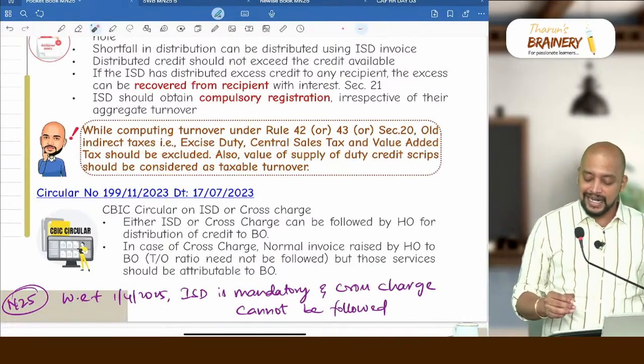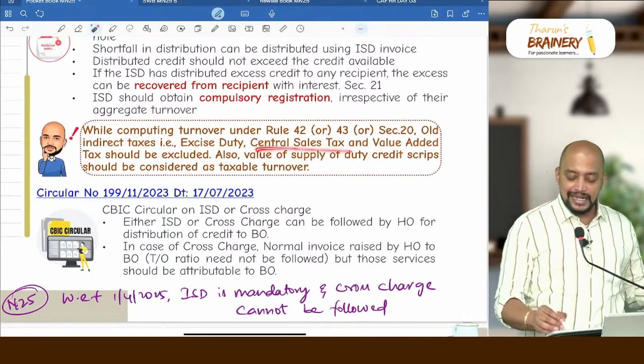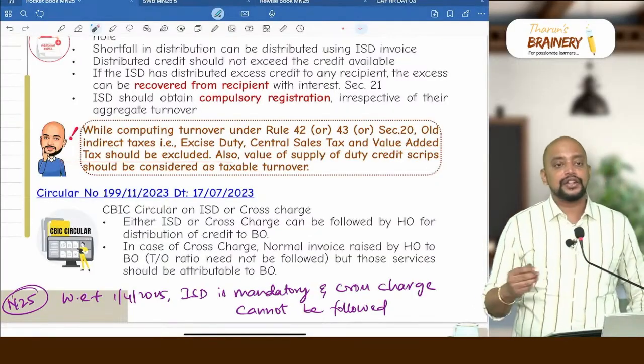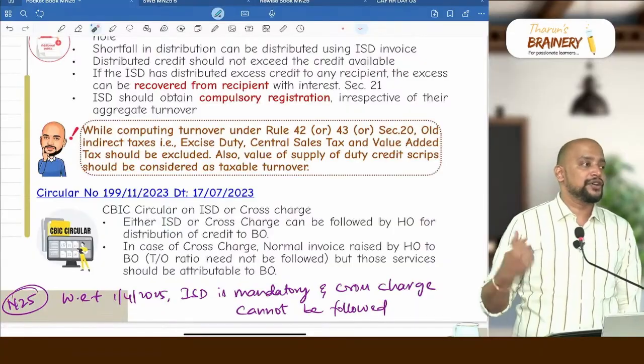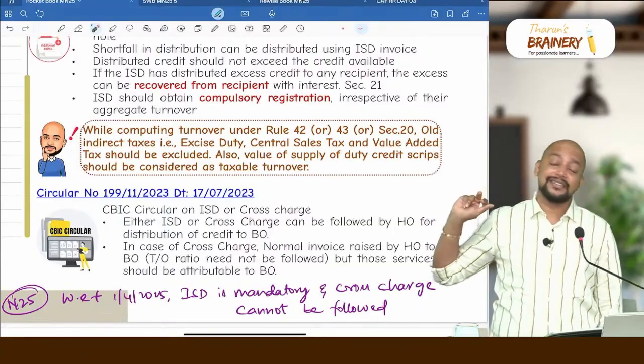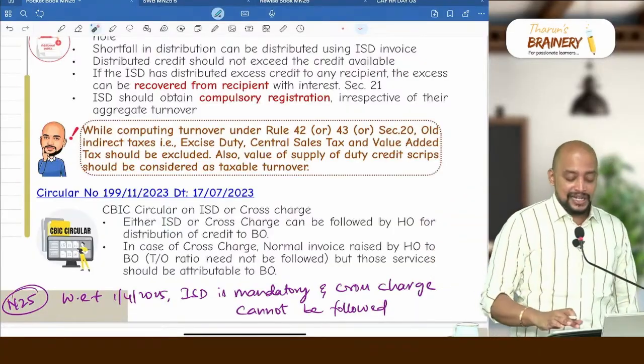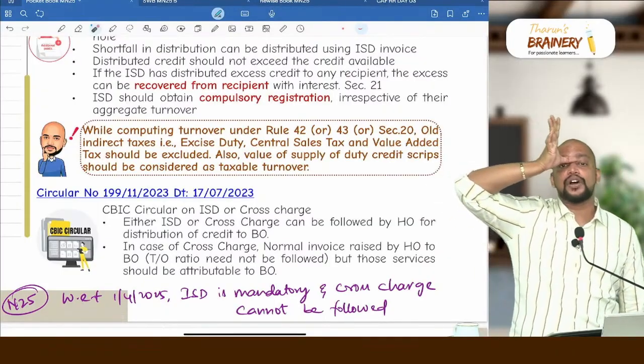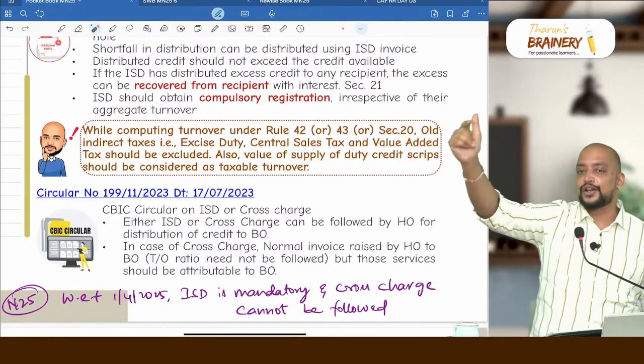Central excise duty, state excise duty, then central sales tax and value added tax. That should be excluded. It should not be taken into account. But actually it is a contradiction with section 15(2)(a). Section 15(2)(a) says all taxes, duties and cess by whatever name called, other than GST, should be included in the value.